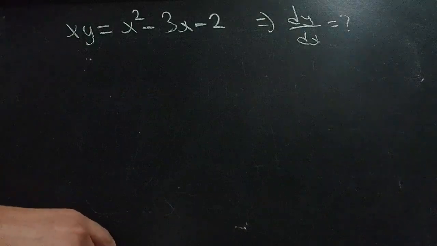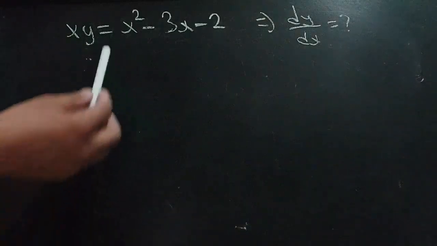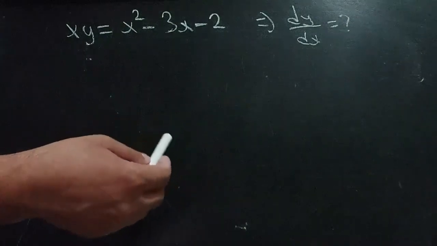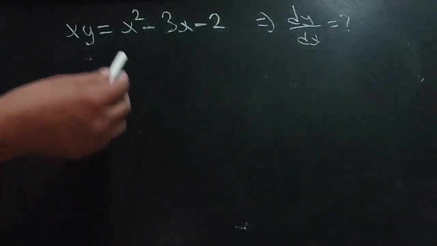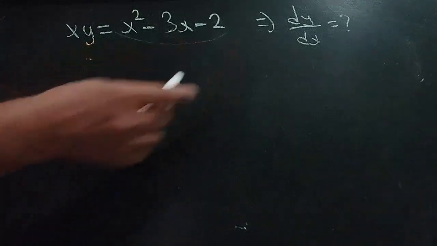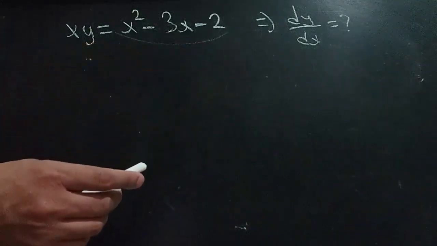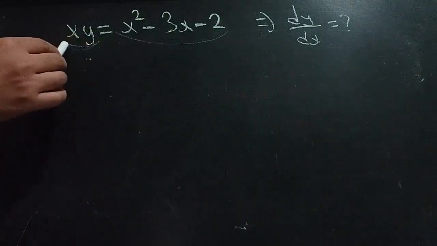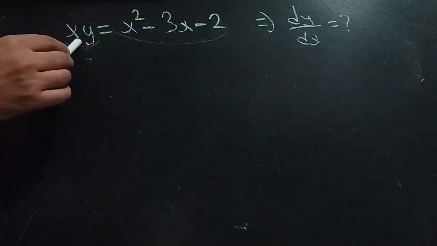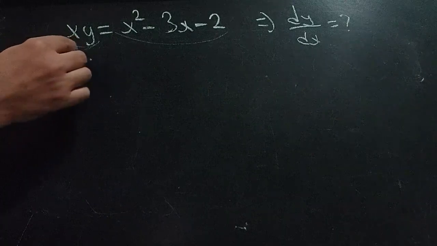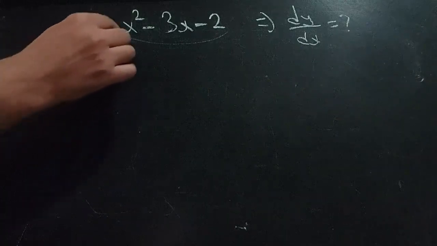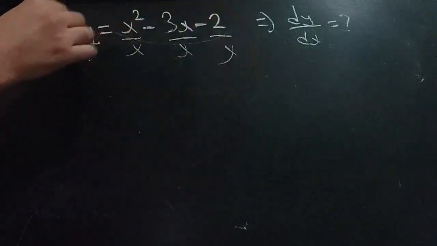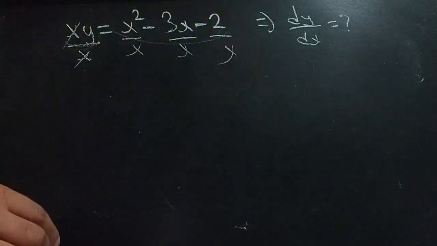All right, now my next question is x times y equals x squared minus 3x minus 2. So don't try to take the derivative of this expression directly. That will be a mistake. Why? Because see the x times y, that y must be alone. That's why you are going to divide everywhere by x, to simplify this to each other.